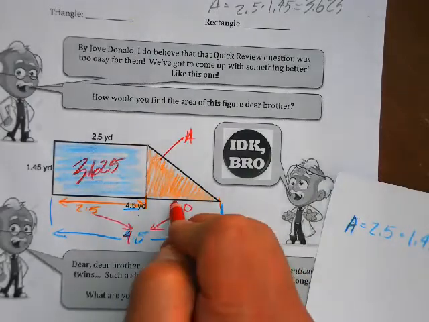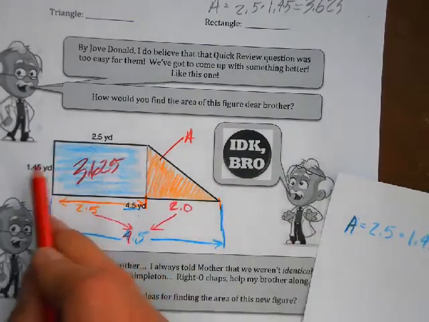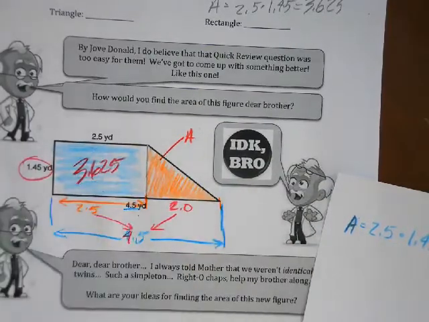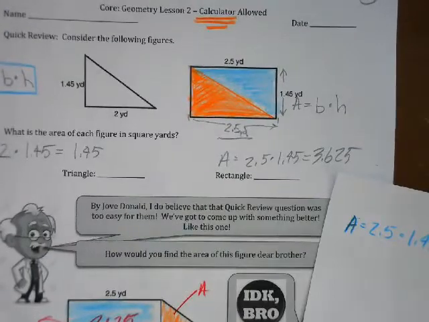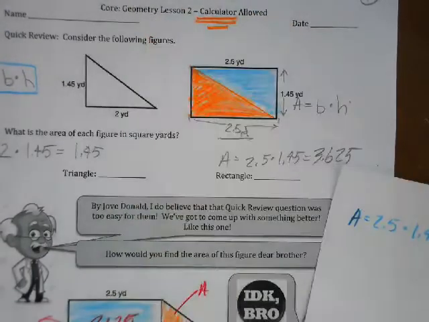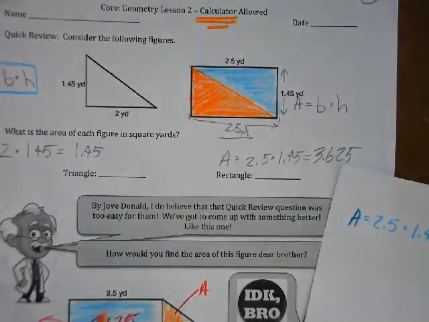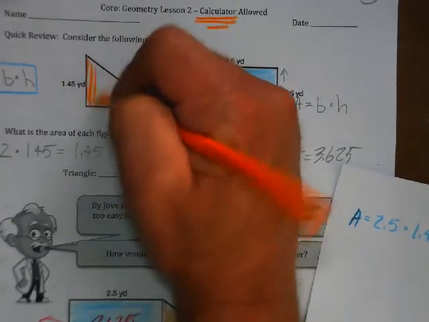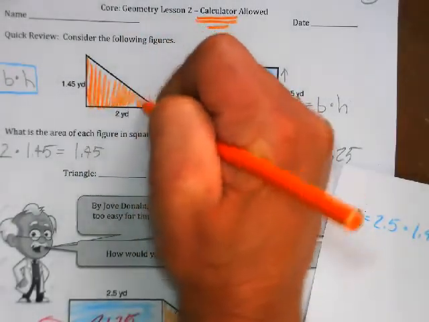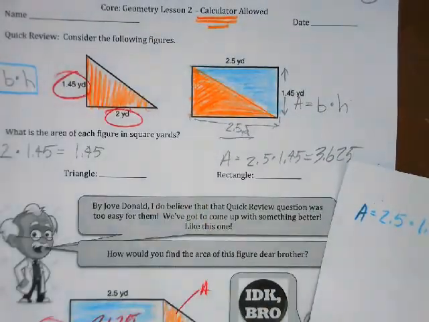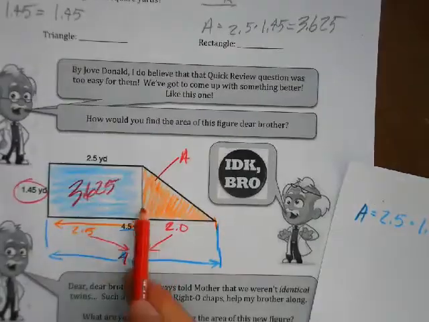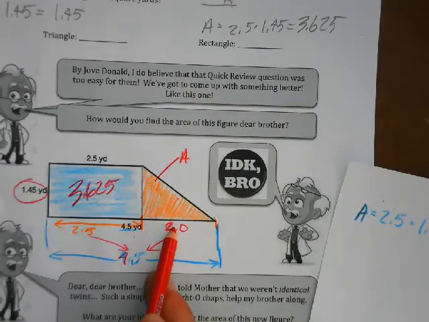So if the big part is 4.5 and the small part's 2.5, what would it be for this section right here? So let's look at this red section. 4.5 minus 2.5, that means this must be 2.0, because 2.0 plus 2.5 would give us the total, right? So 2.5 plus 2.0 equals 4.5. Everybody see that? Very cool.